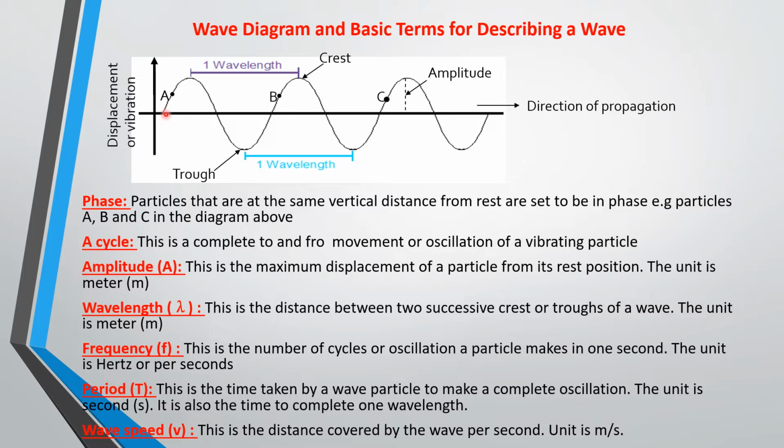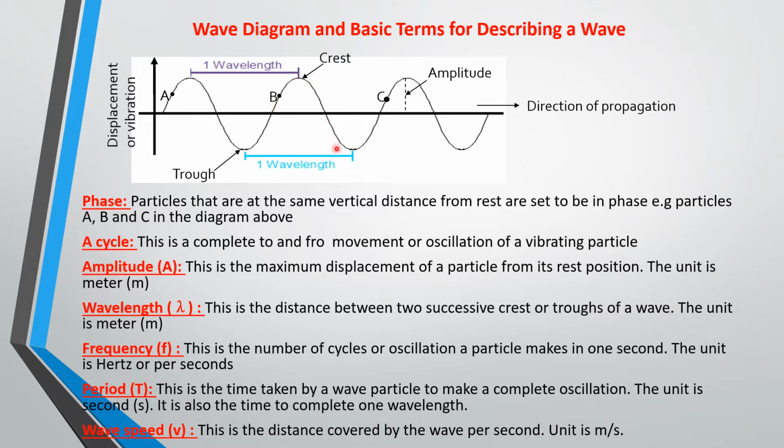Okay, then a cycle. One cycle is one complete revolution, or one complete to and fro movement or oscillation of a vibrating particle. If you look at this drawing very well, from this point down to this point is one cycle.